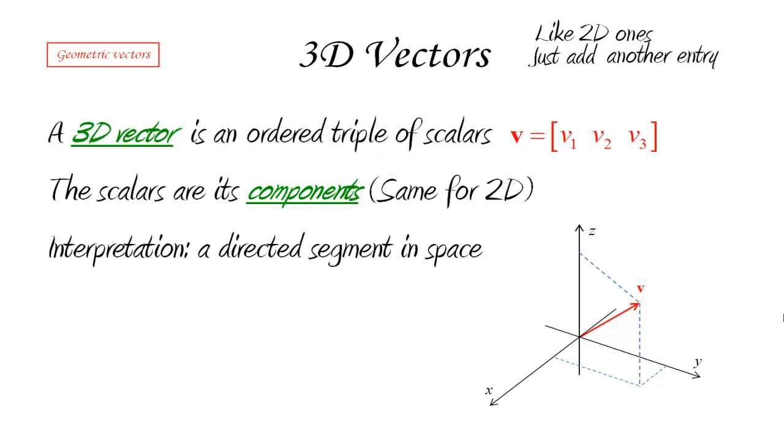So for the given vector v, whose components are v1, v2, and v3, v1 will represent the distance, if you want, from the tip to the y-axis, assuming that the tail is at the origin, and v2 is going to be the distance from the tip again to the x-axis, but both v1 and v2 will be in the xy plane, and v3 of course is going to be the height, so the distance above the xy plane along the z-axis.